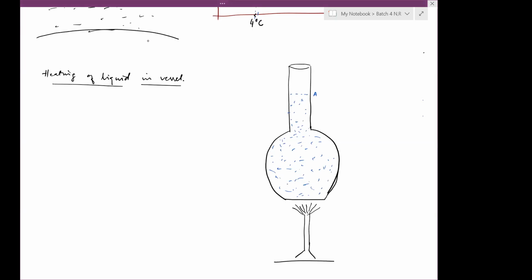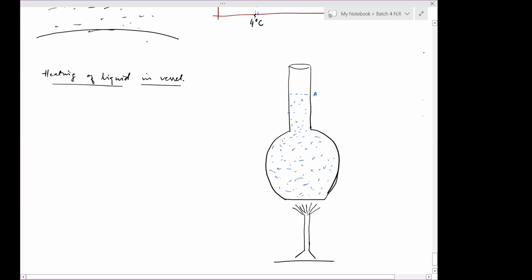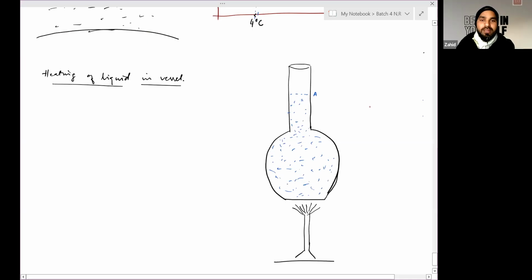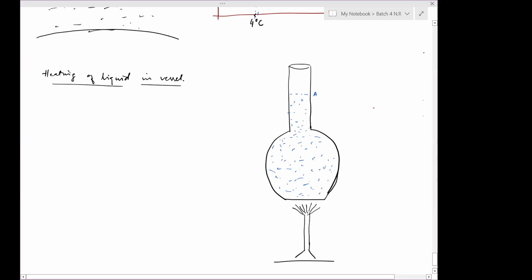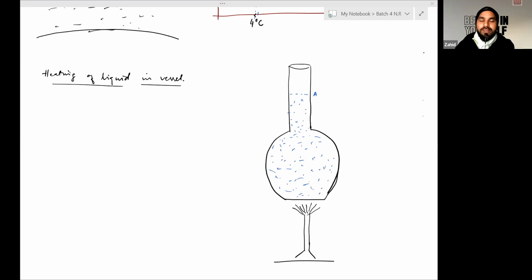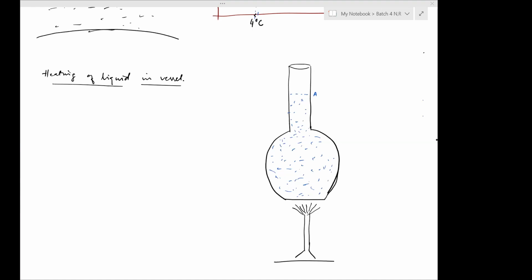It will increase. Okay, the most obvious answer. Anyone more? If you think the level of liquid decreases, while it's heating it increases, and after that it will decrease.